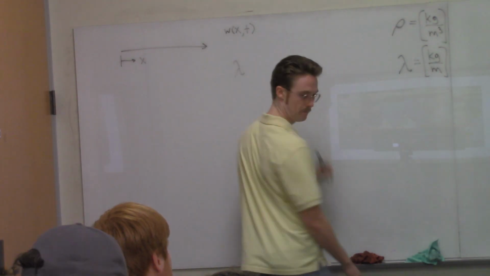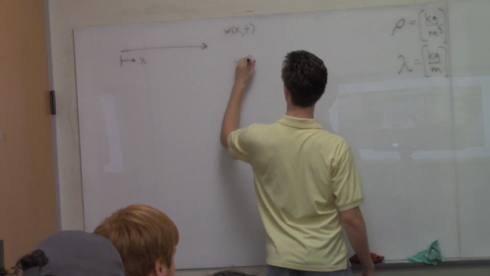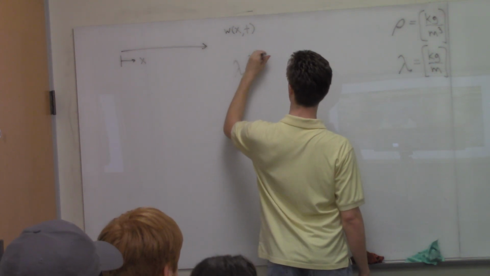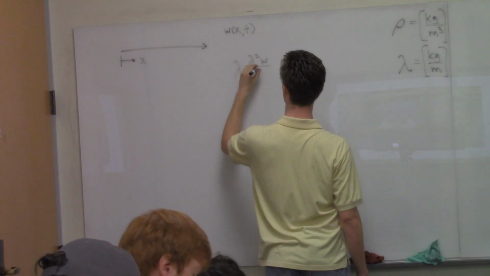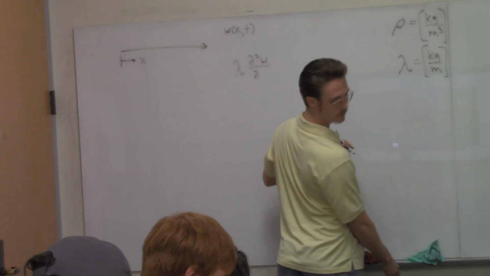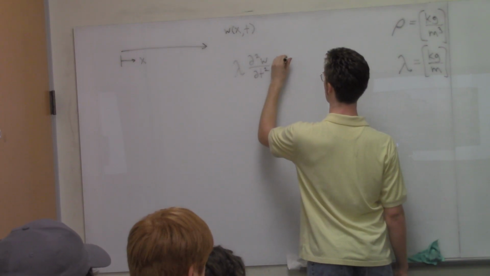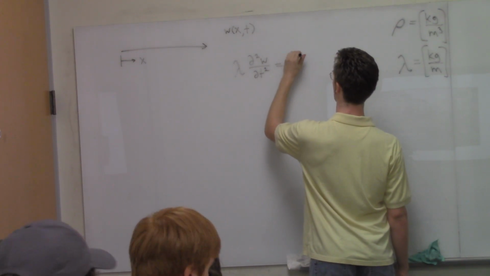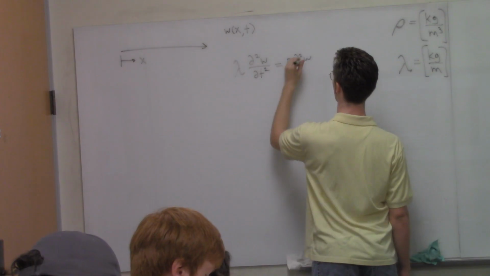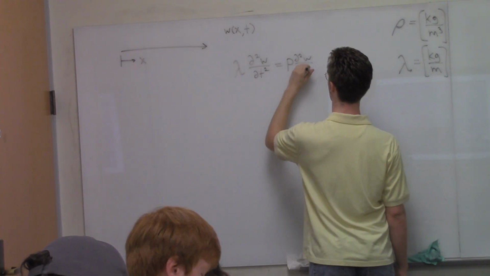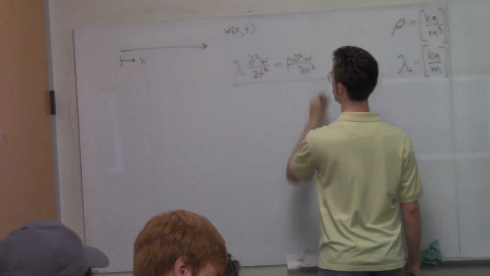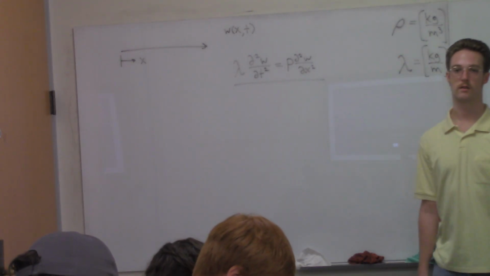Mass per unit length times the second derivative of W with respect to time is equal to the loading times the partial derivative with respect to space. This is the equation where it all starts.